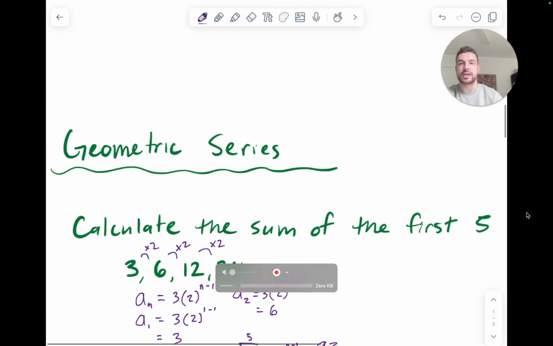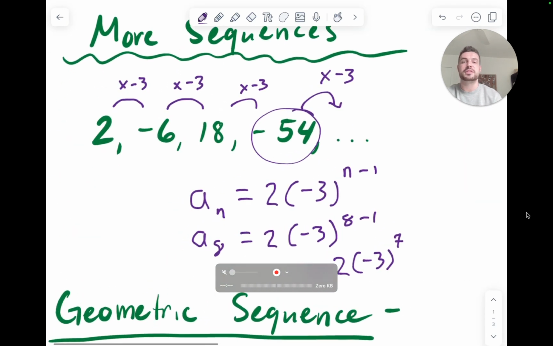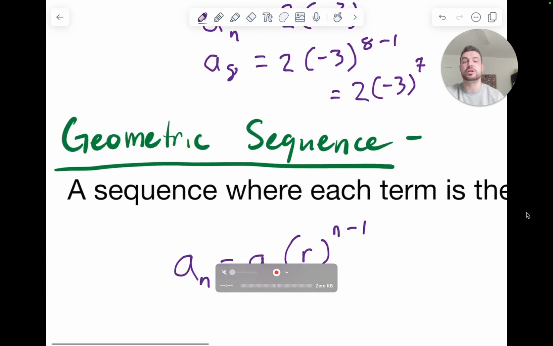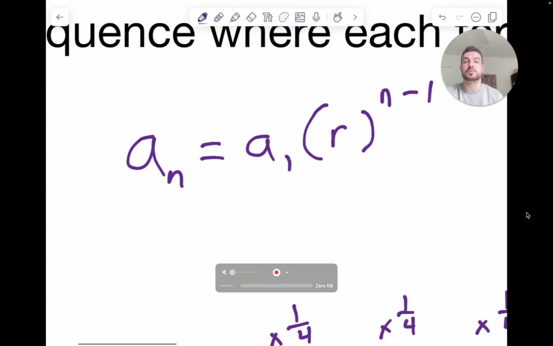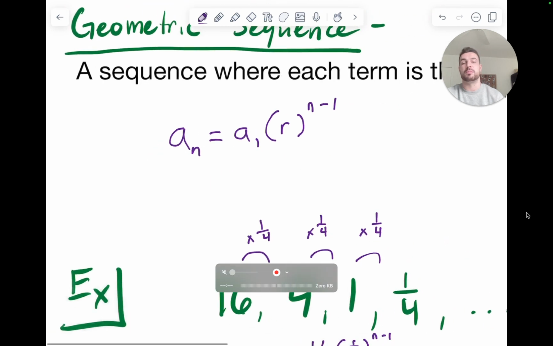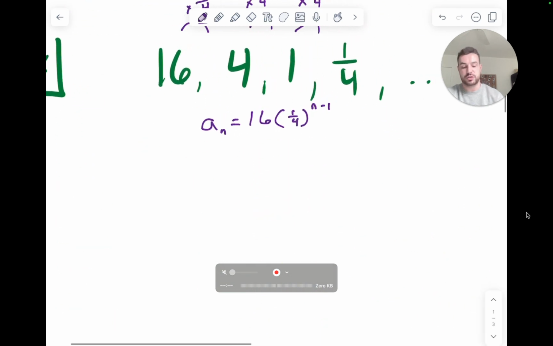Just a quick recap. We've got a new type of sequence here, which is a geometric sequence. To go from one term to the next, you're multiplying by a common ratio, and then you use this explicit formula, a sub n equals a sub 1 times a ratio to the n minus 1 power, which we applied to a new situation here.